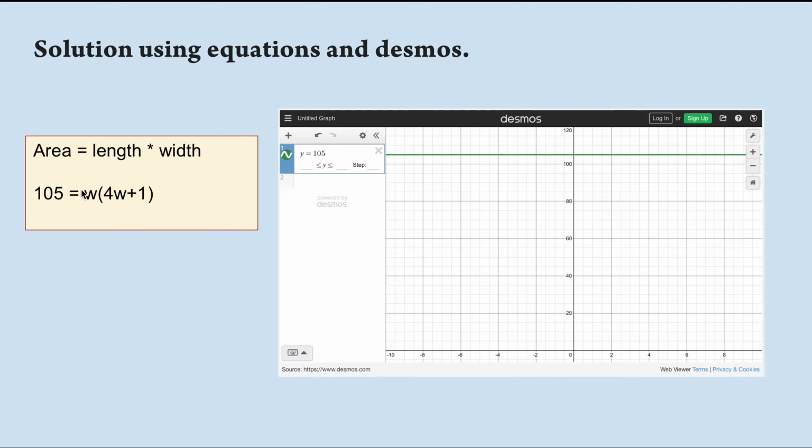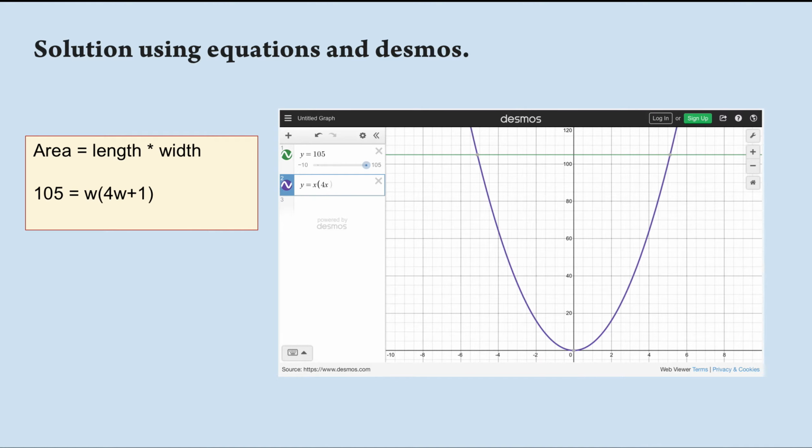And then I'm going to plot the right-hand side of the equation also as Y equals. And instead of W's, I'm going to use X's. That'll keep Desmos happier. So X times the quantity 4X plus 1.